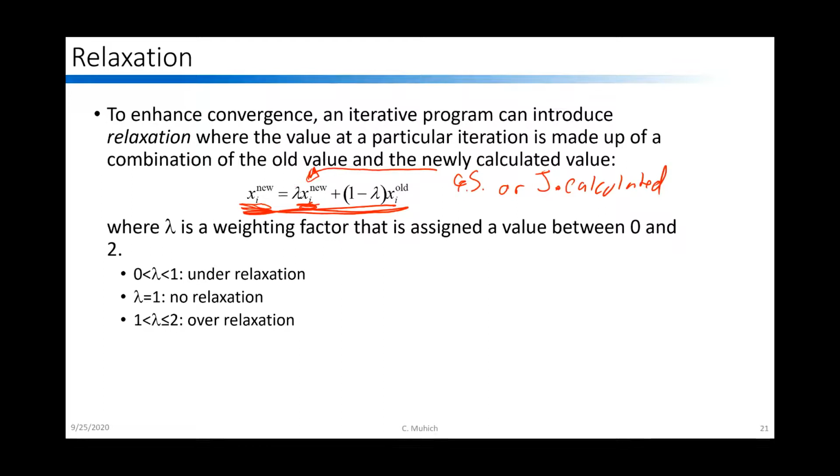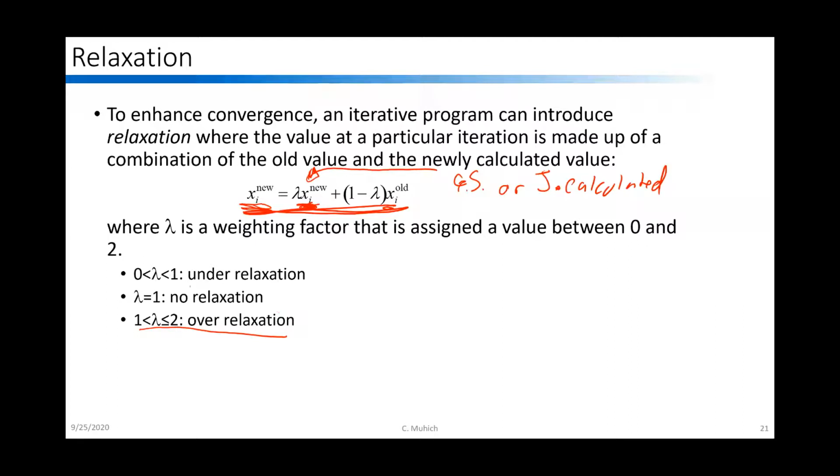And then we modify it, or we mix the new prediction and the old prediction using this factor lambda. So that lambda is going to be a weighting factor. Now, if we want to increase the rate of convergence, we can do what's called over-relaxing the system, where we try to get a jump ahead.